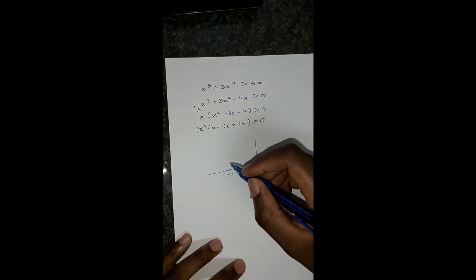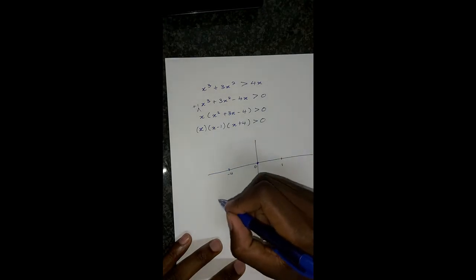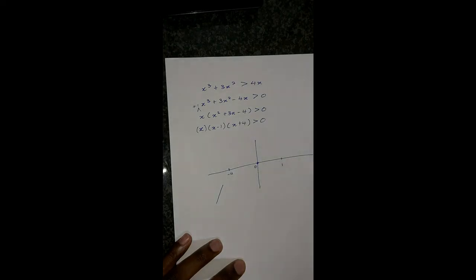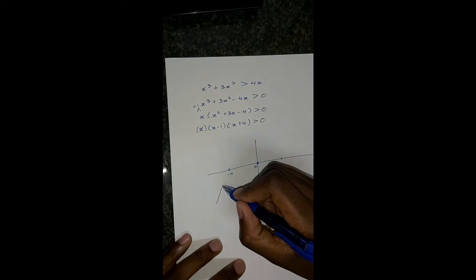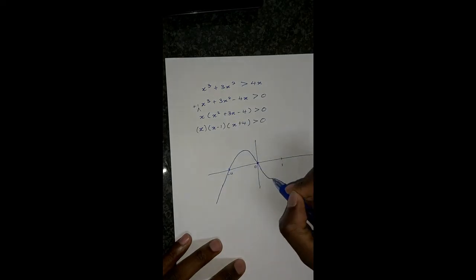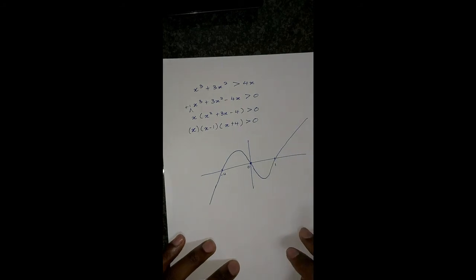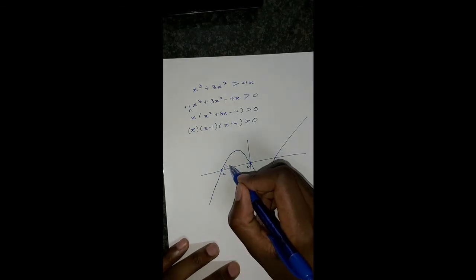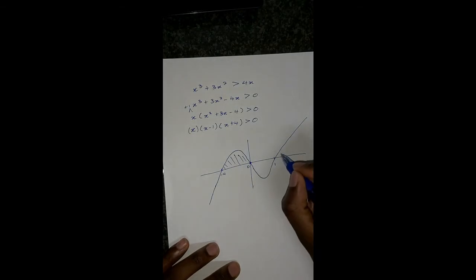Okay, so it's going to be like that. So that is our cubic function, and we're going to look for points where it's greater than 0. So I see that over there it's greater than 0, and from there onward it's greater than 0.